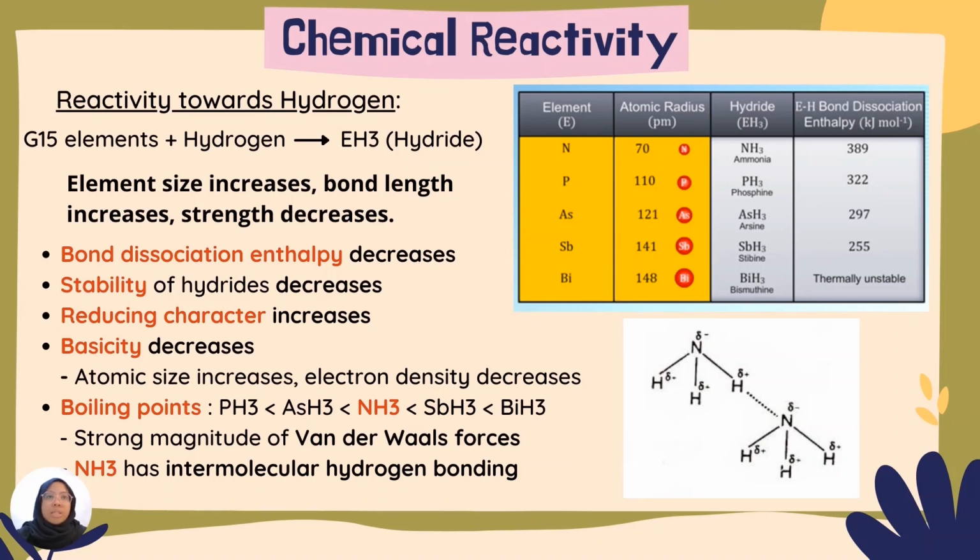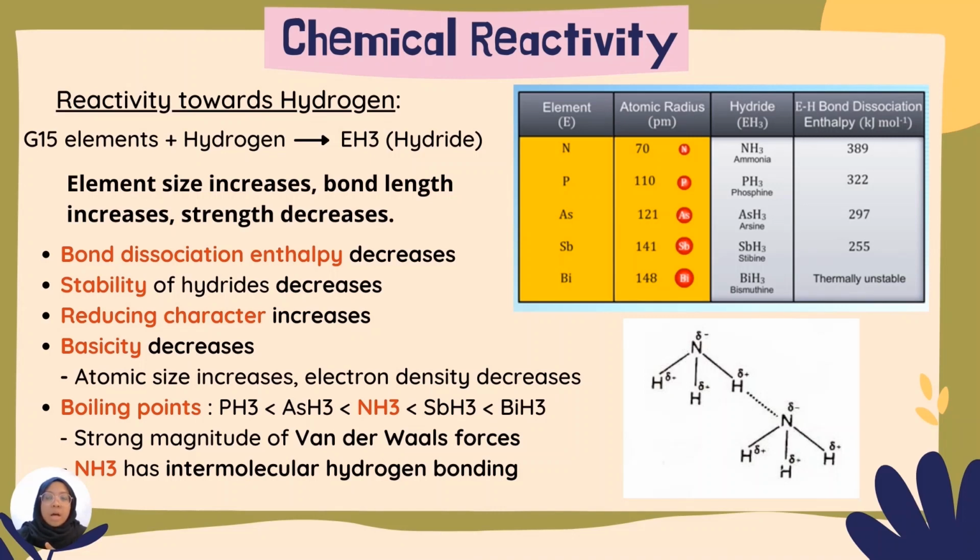So the next one is boiling point, which increases going down the group because of the strong magnitude of van der Waals force. But the boiling point of ammonia is higher than PH3 and also AsH3. This is because ammonia has intermolecular hydrogen bonding.